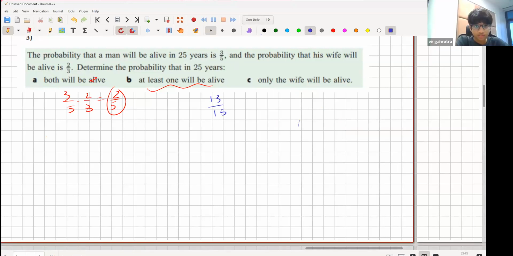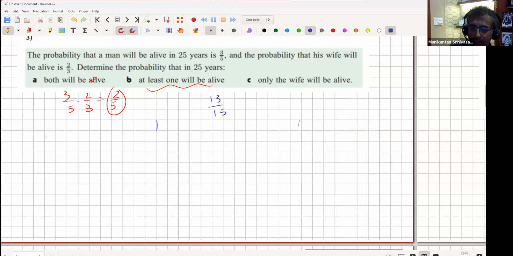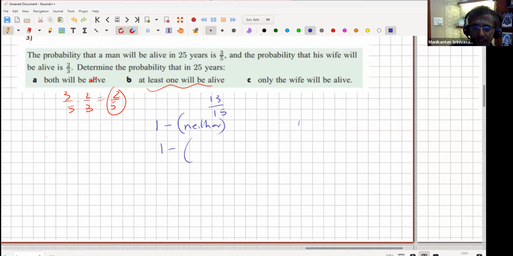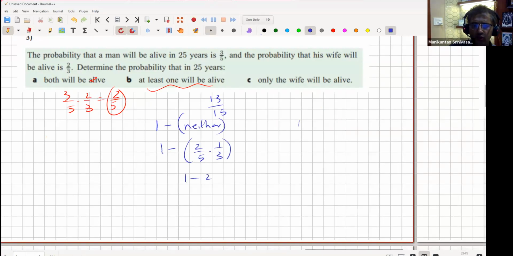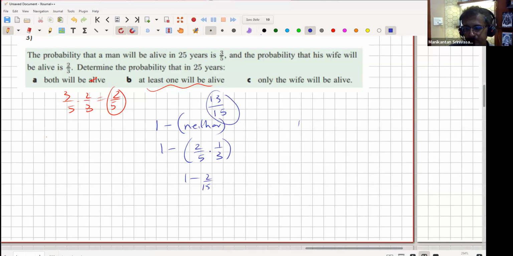Like I said, it's easier to do 1 minus the probability that neither is alive, right? So 1 minus, the probability that the man dies is 2/5, the probability that the woman dies is 1/3, right? So it's 1 minus 2/15, which is the same as 13/15. Yuvam, is that what you did? Yeah, I did this exact same thing.